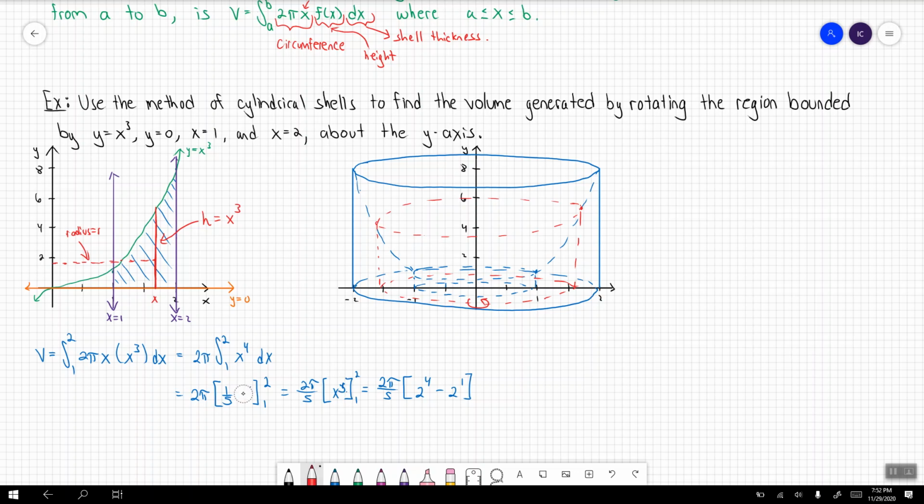My apologies here. Let's just erase this. This is x to the power of 5, and then this is 2 to the power of 5 minus 1 to the power of 5.